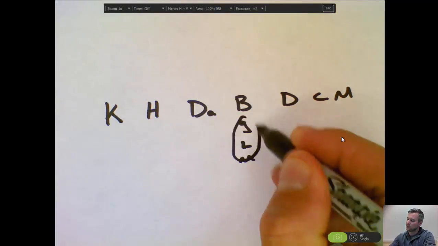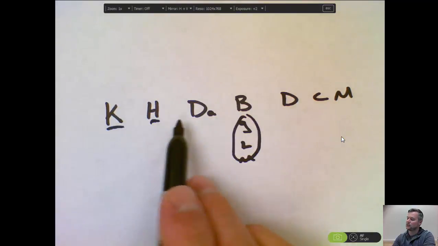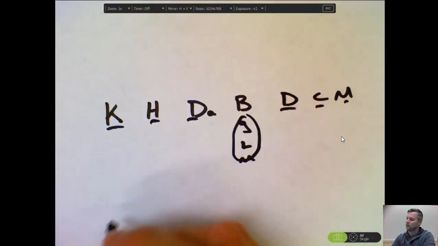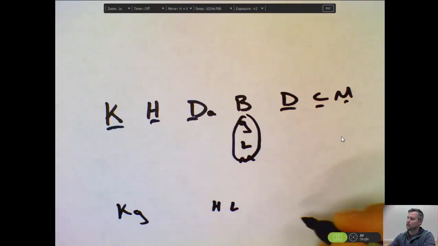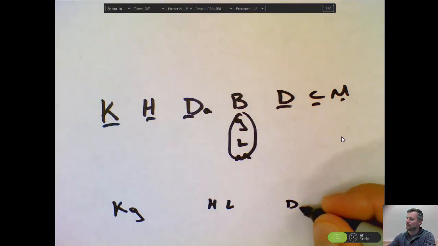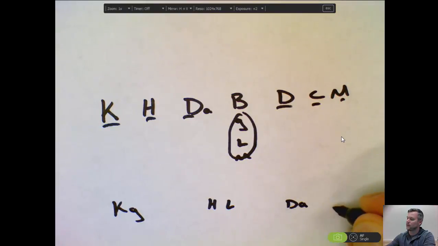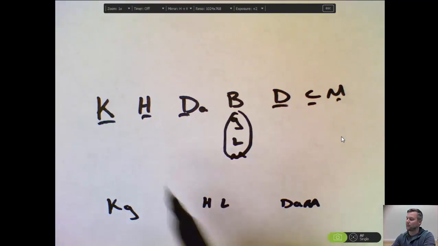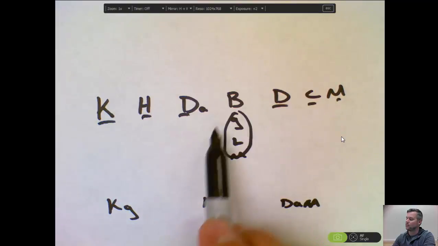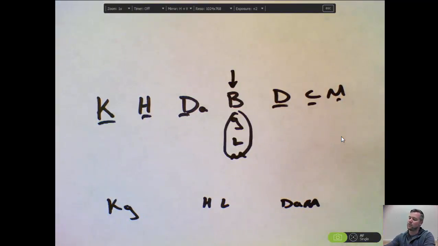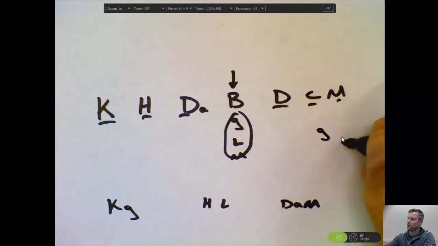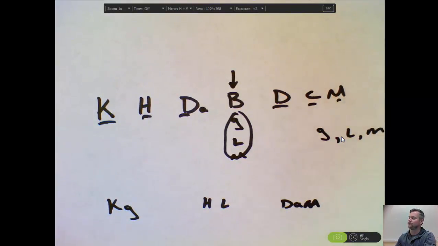These base units are then going to be used with these 6 prefixes, where you could put a K in front of a G, you could put an H in front of an L, you could put a DA in front of a C, in front of an M, and that would be how you would take the prefix with the basic unit. And if we're at this stage of the mnemonic, you would just write down grams or liters or meters.